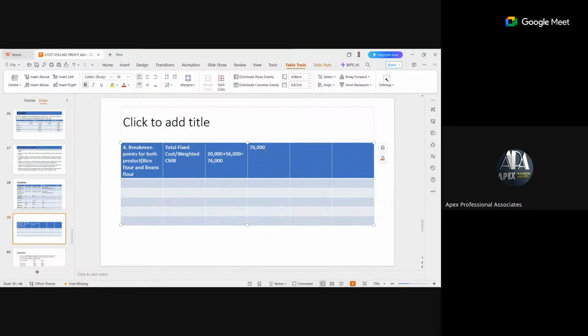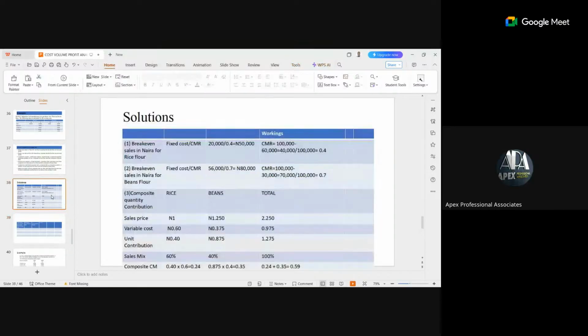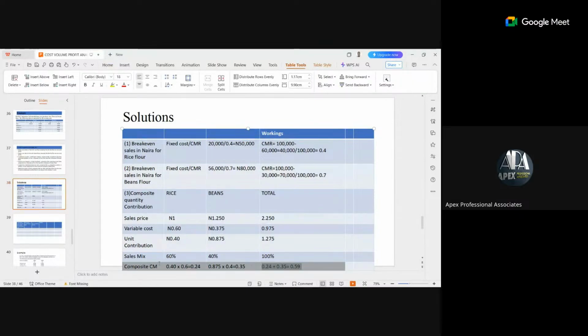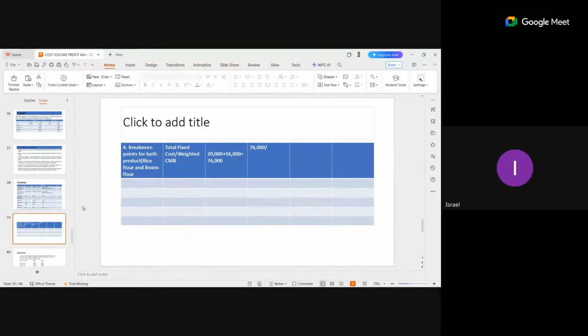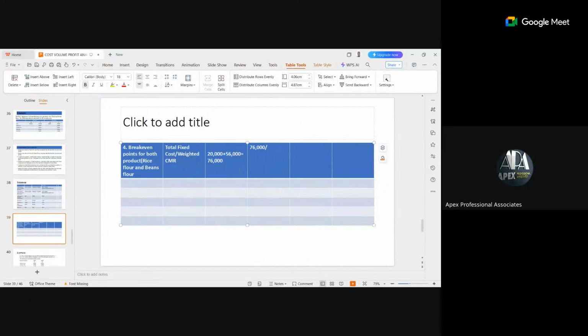So when you substitute this 76,000 as the total fixed cost, divided by 0.59. Somebody will ask me how we got 0.59. This is the step here, see it. There are some questions that I don't want students to ask me, so let me show it very well.